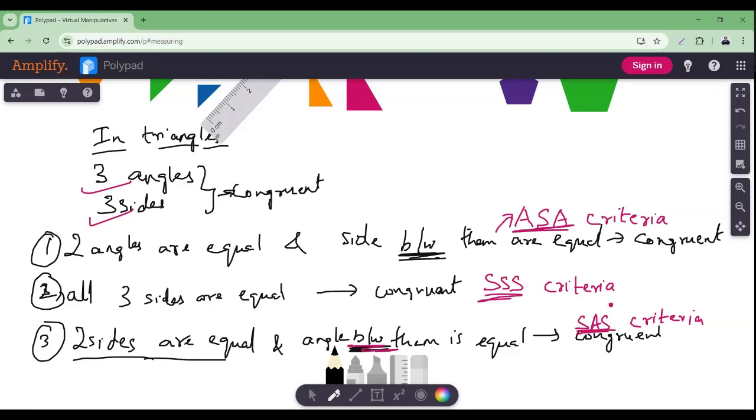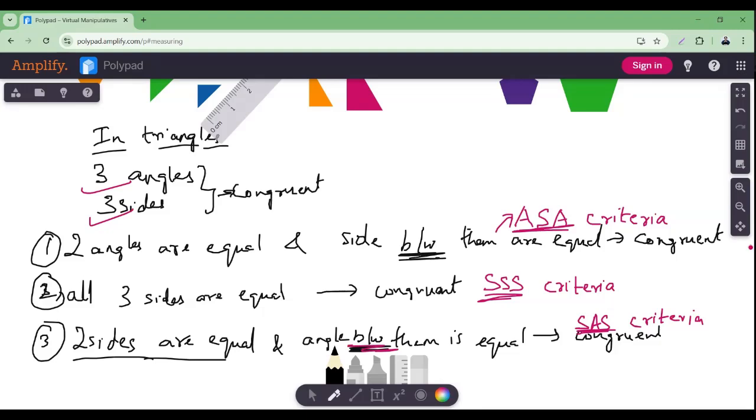So at least these 3 conditions have to be the same so that we can say the triangles are congruent. I hope you're clear about this. Go ahead and look at some congruent triangles. Try to find out whether the two angles are equal, two sides are equal. Go ahead and try to solve the problems based on congruency, and then you would know you have mastered this concept.